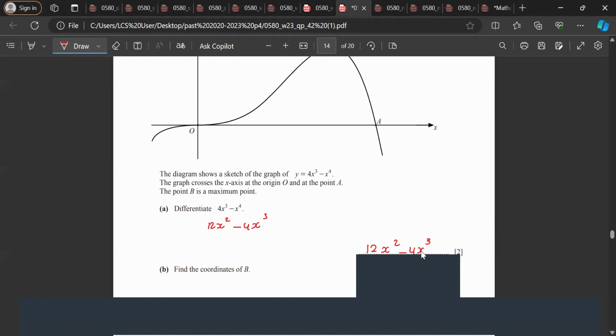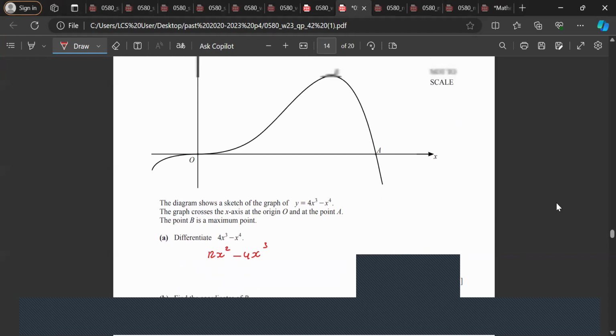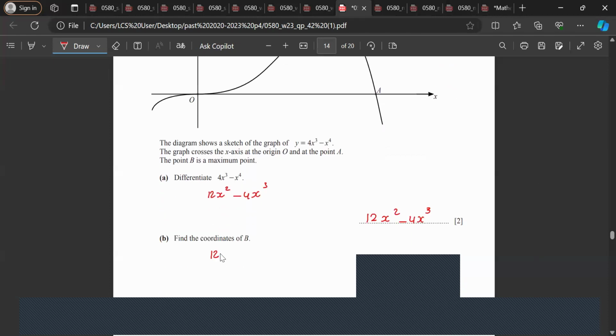Okay, then find the coordinates of B. How would I find the coordinates of B? What do you think? B is a turning point. So I equate the differentiation to 0: 12x squared minus 4x power 3 equal to 0.